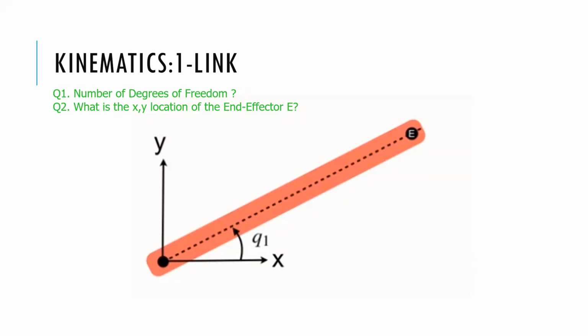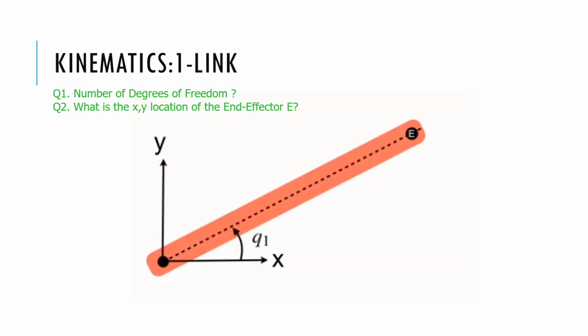So you can compute in a matrix format. This is going to become cosine of Q1, cosine of Q2, sine of Q1, sine of Q2.